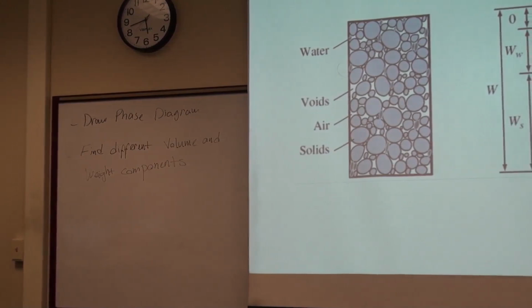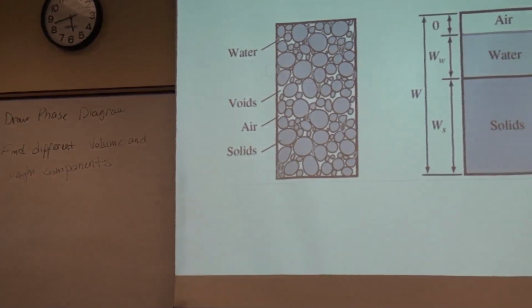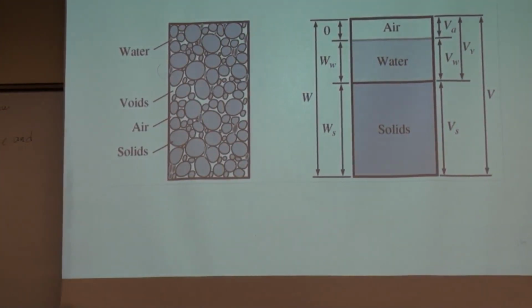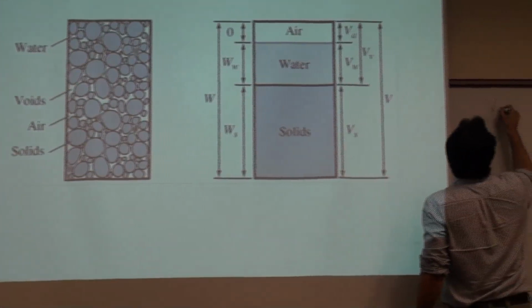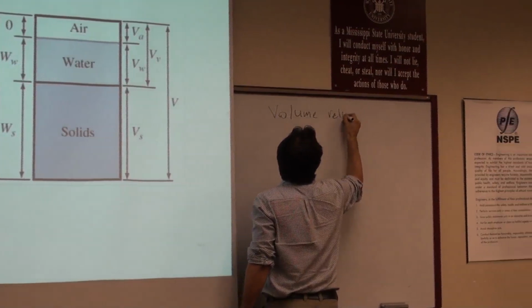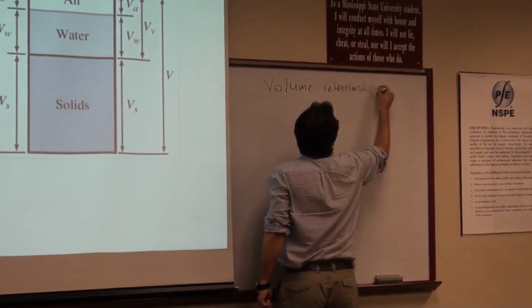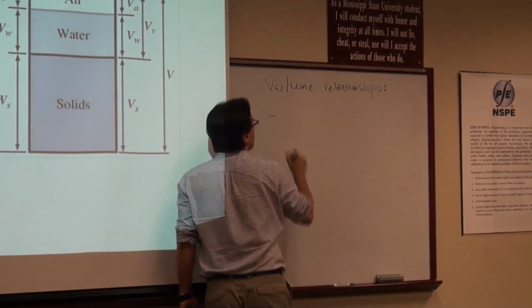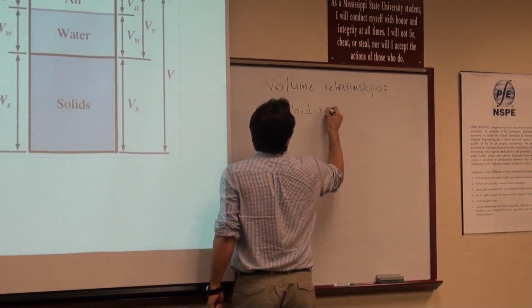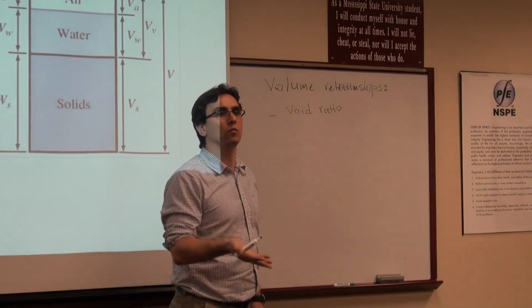We have three main volume relationships. The first is void ratio. When I say volume relationship, it means you can calculate them based on just volume components.